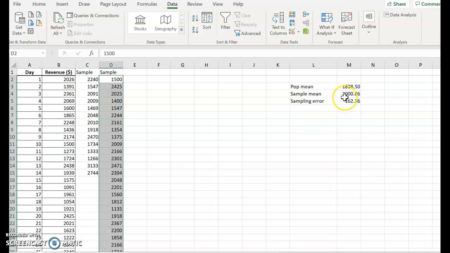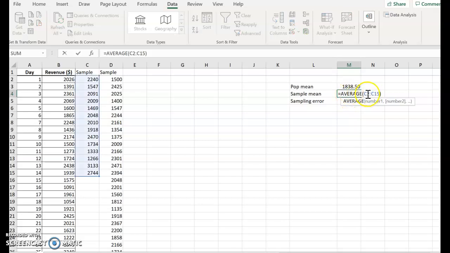Okay, so now we have to go over here, and our sample mean this time is going to be the average of these. We're going to highlight the new cells.